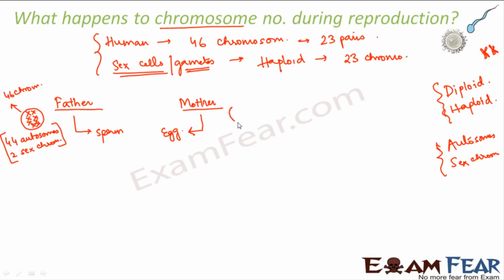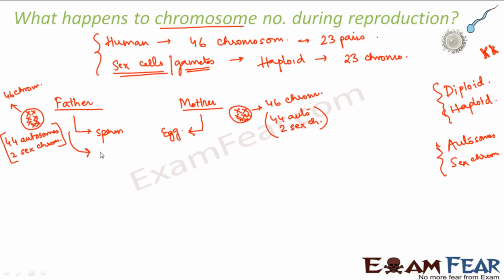Similarly, inside the mother's body also there are so many cells, and each cell similarly has 46 chromosomes, right? Out of these 46 chromosomes, there are 44 autosomes and 2 sex chromosomes. Now what happens during reproduction? During reproduction, the father will contribute half of the autosomes and half of the sex chromosomes.